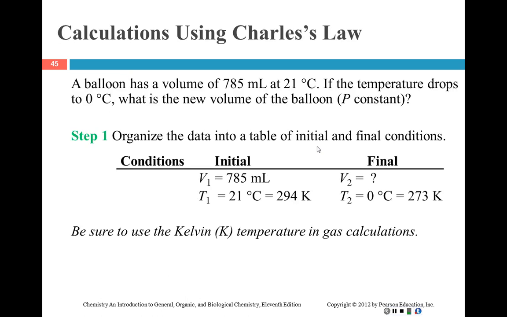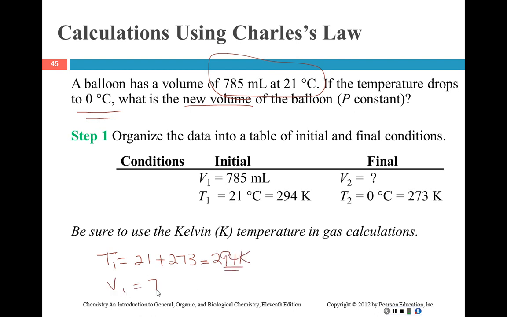Alright, so our first problem is that you have 785 milliliters at 21 degrees C, and you're going to drop the temperature to 0 degrees C. So what are we solving for? The new volume. So we're going to have T1 equals 21, and we've got to add the 273 because when you're using the temperature like this, it's got to be in Kelvin.